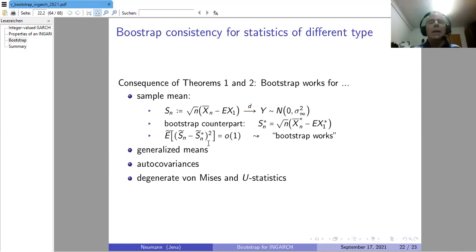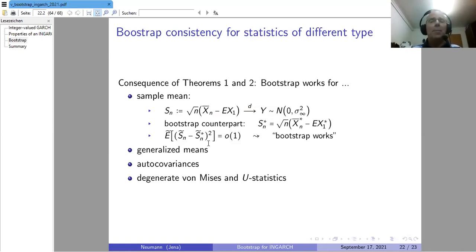So we can also derive consistency of the Bootstrap for other types of statistics, for example, generalized means, autocovariances, or even degenerate von Mises and U statistics. The ingredients of a consistency proof are again the same.